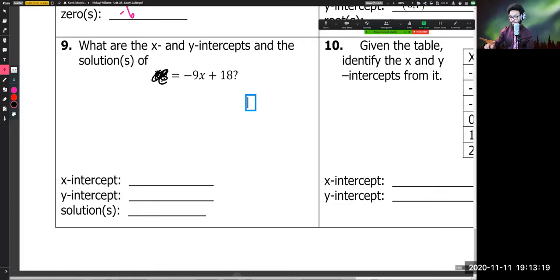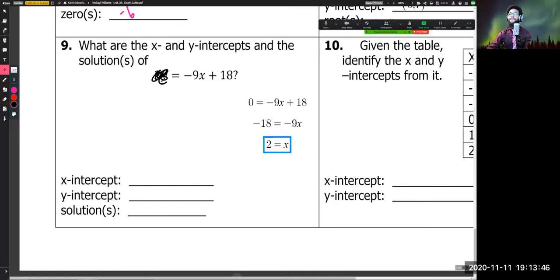This would be 0 equals -9x plus 18. To solve this as a one-step equation, we'd subtract 18 from both sides, and this would be -18 equals -9x. And then we divide both sides by -9, and that will give us 2 equals x.